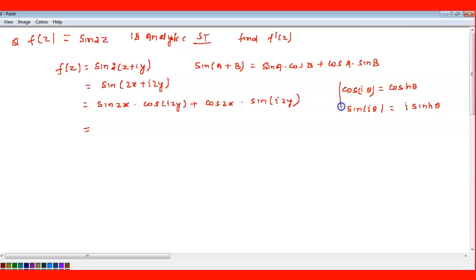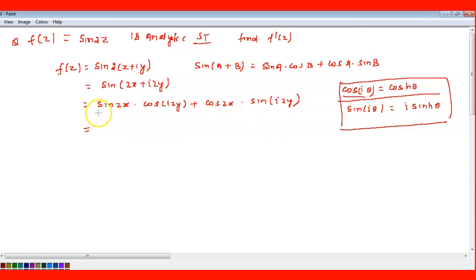Both you remember in the same order. If you take it another way, then minus will come here, but don't remember like that. Write in the same order: cos of i theta gives cos hyperbolic, sine of i theta gives i into sine hyperbolic. Just keep in mind the same order, otherwise you will bring this side and get confused.